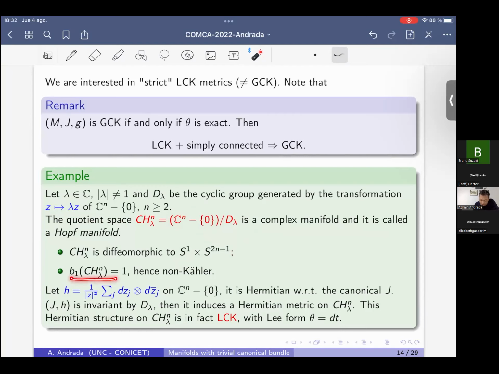Its first Betti number is 1, so it cannot be Kähler. And if we take the usual Hermitian metric on C^n minus 0, and we divide it by the norm of z squared, then this metric is also invariant by this map here, and it descends to the quotient.